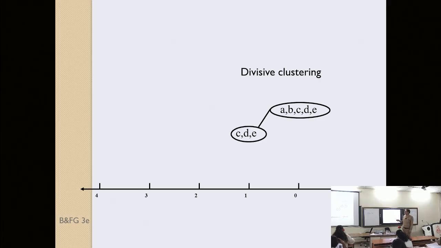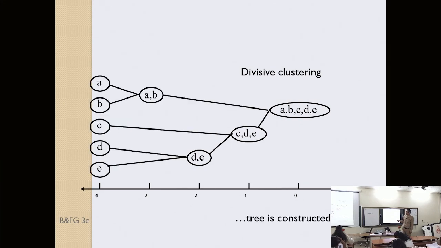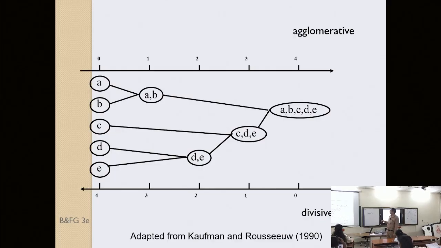When you divide, you get two groups, CDE and AB. Then CDE gets divided into C and DE. This is recursive again, and eventually all get divided into individual objects. Both these processes result in a tree. One is agglomerative from left to right, and the other is divisive from right to left.